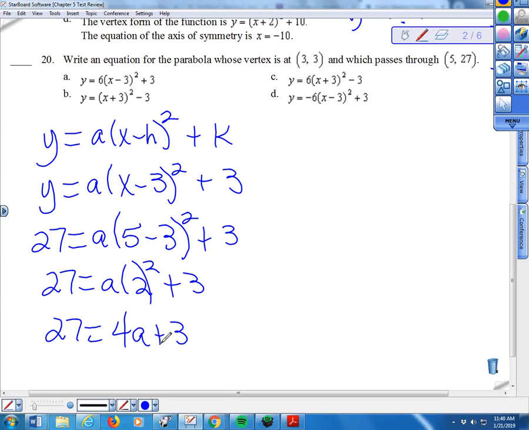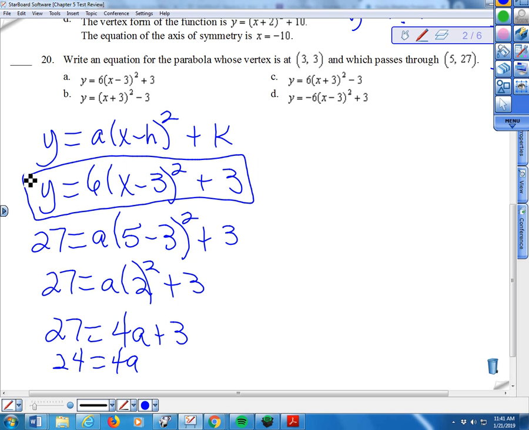Subtract 3 then becomes 24 equals 4a. So a is 6. Does everybody see that? A is 6. So I'm just going to plug it right back in here, and I have my equation in vertex form.